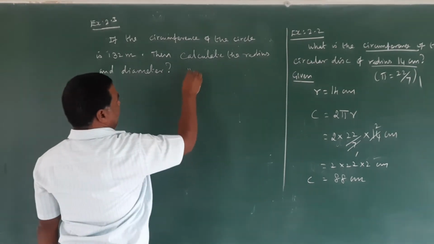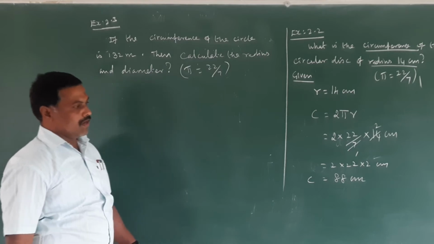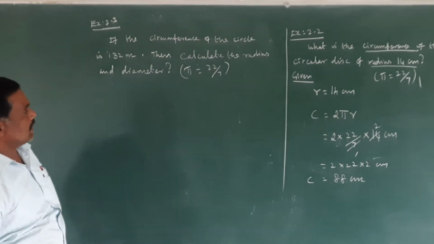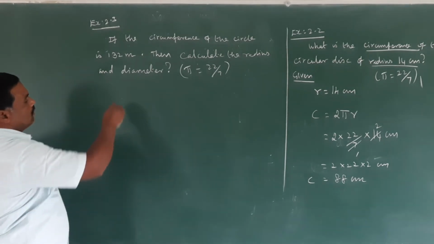Use pi equal to 22 divided by 7. Now the solution.